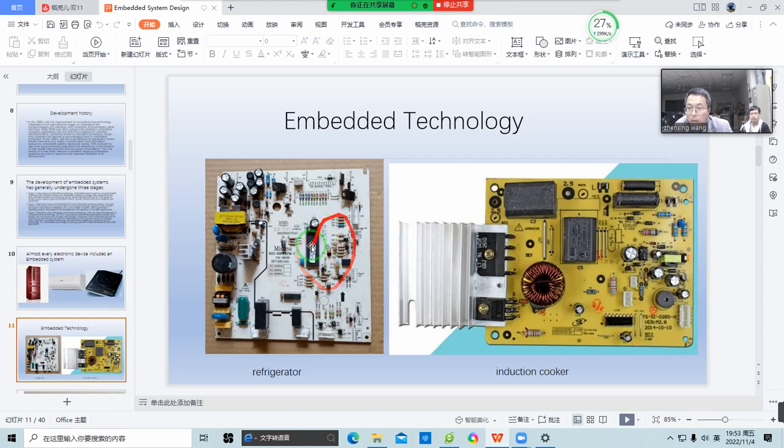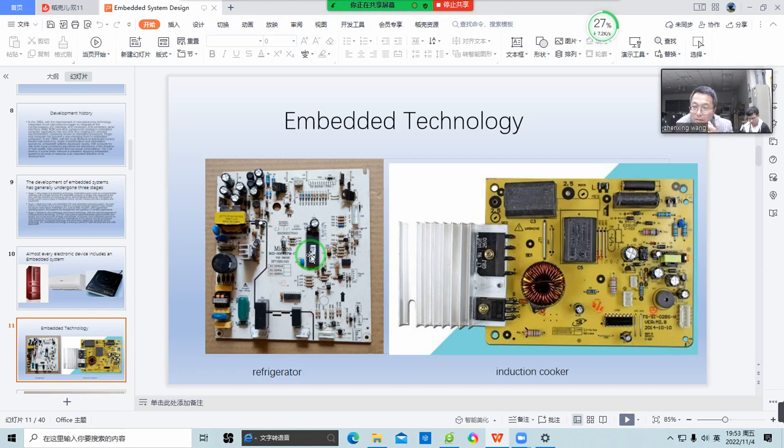This is a very simple product. In general, if you are an engineer who designs this kind of PCB board in China, you can only earn about 6,000 RMB, less than 1,000 US dollars, about 1,000 US dollars as your salary.